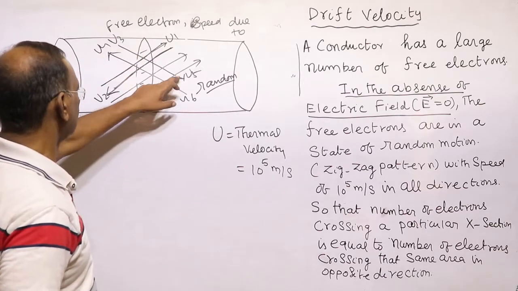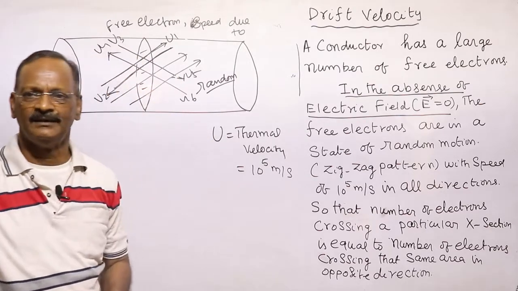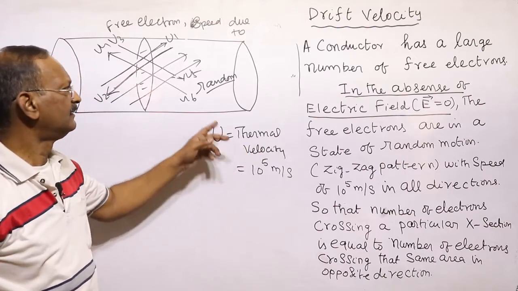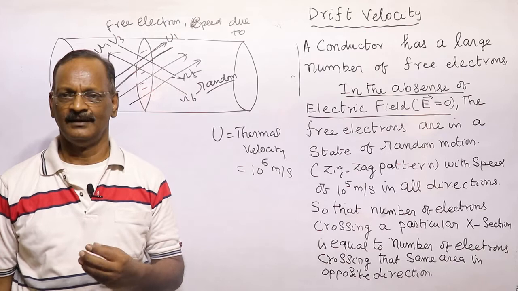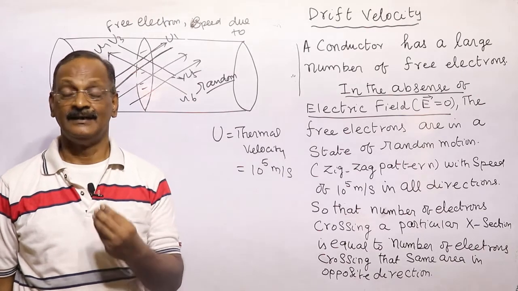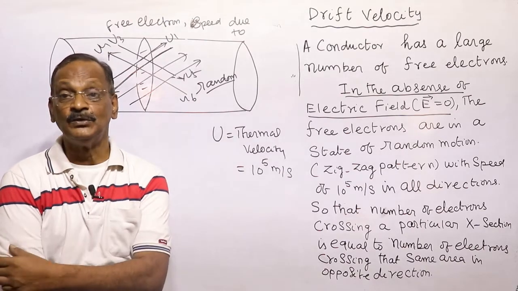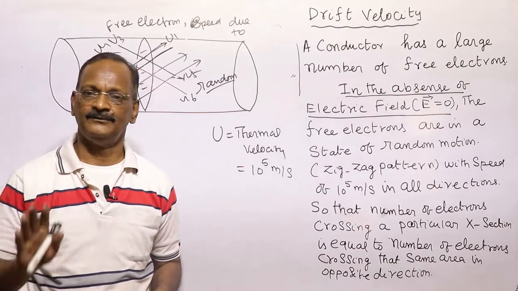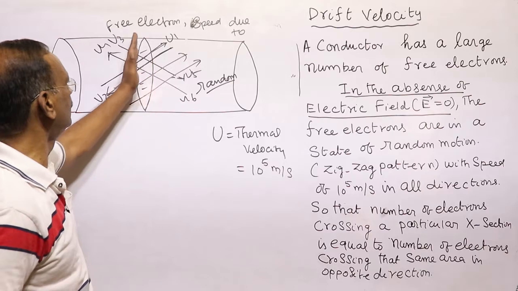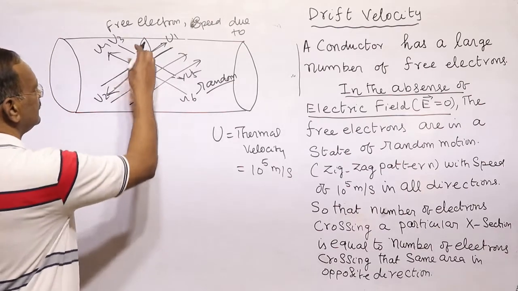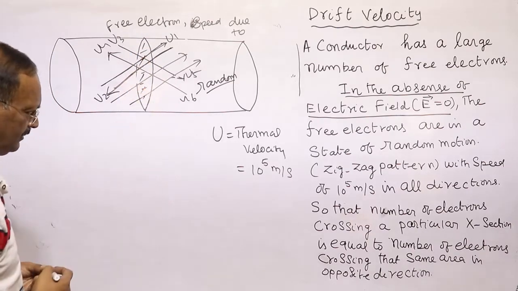The same holds for the second pair, third pair, and so many pairs. Since the conductor has a large number of free electrons, the net thermal velocity U will be equal to 0. That is, the net charge flowing across this cross section is equal to 0.